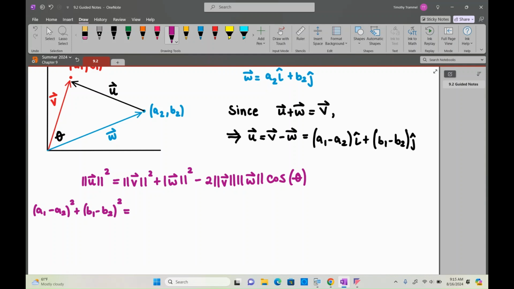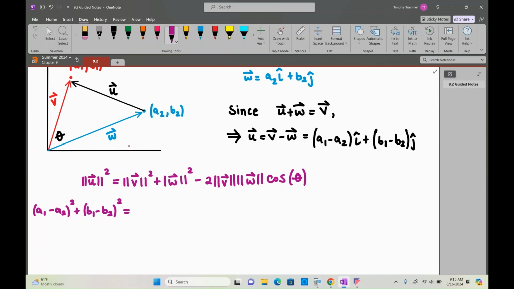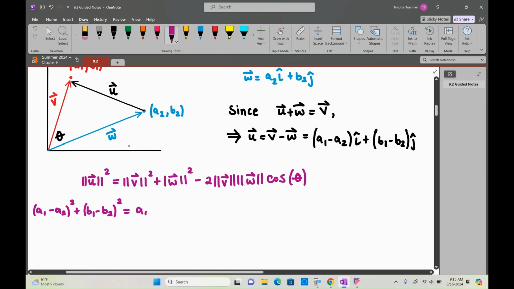If we do the magnitude squared of v, remember v is a1 i plus b1 j, so its magnitude squared is just going to be, and just to make it clear, I'm going to put it in parentheses, a1 squared plus b1 squared. And then if we find the magnitude of w, w is a2 i plus b2 j. So again, its magnitude squared is just going to be a2 squared plus b2 squared.